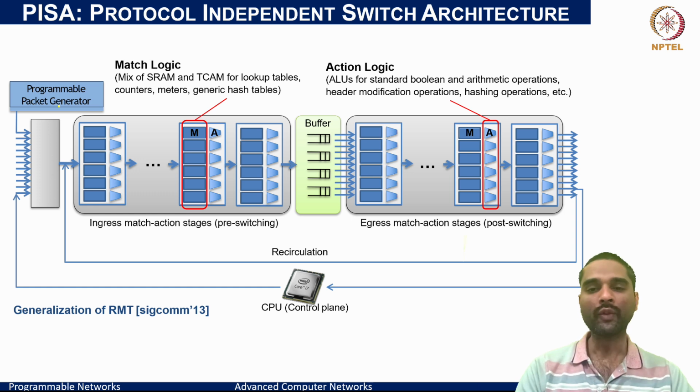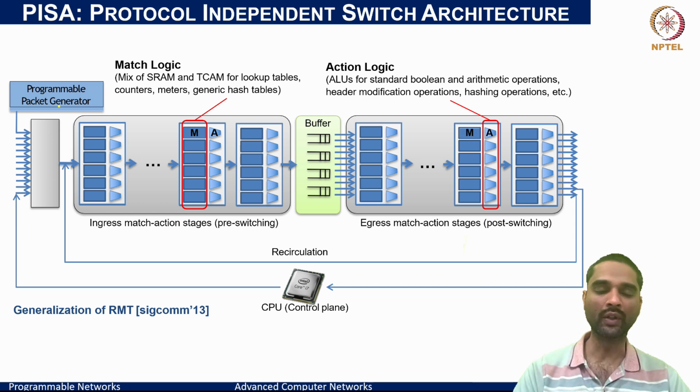And if we want to circulate back and do the reprocessing, we could do that at the end of the egress pipeline, to start recomputing and redoing the processing of ingress and egress matchings on the batch of packets.